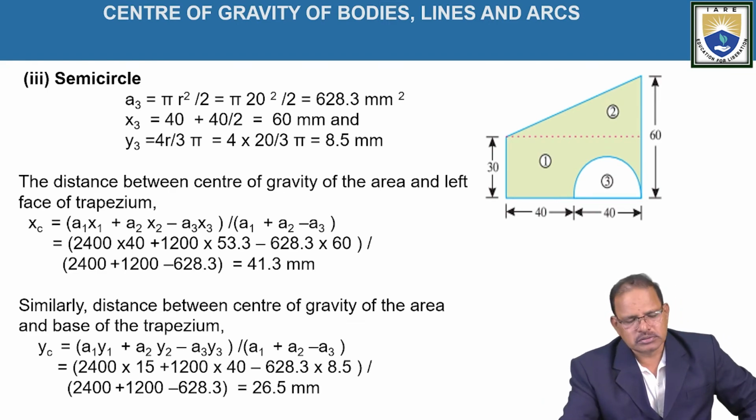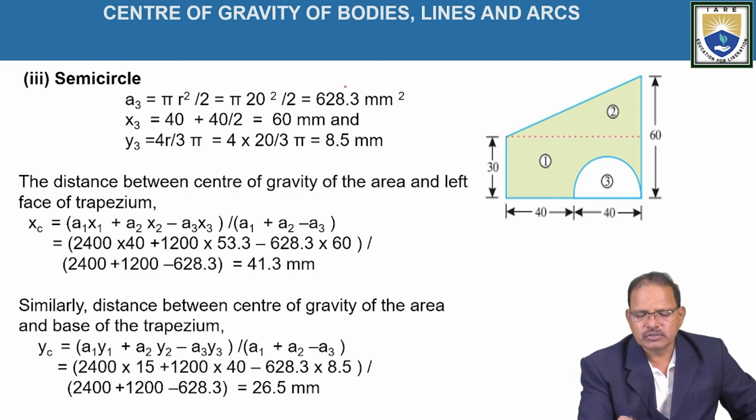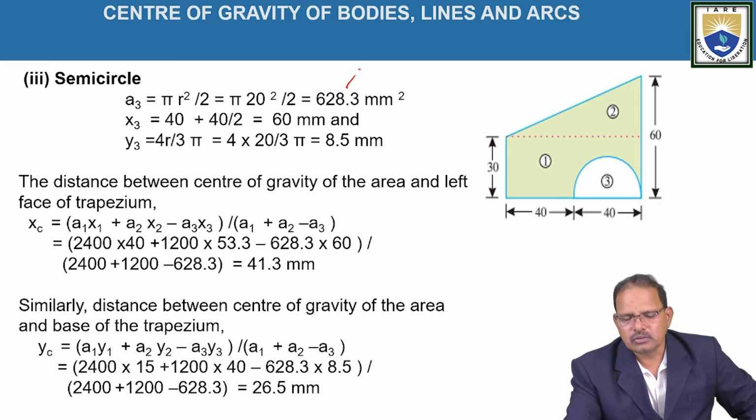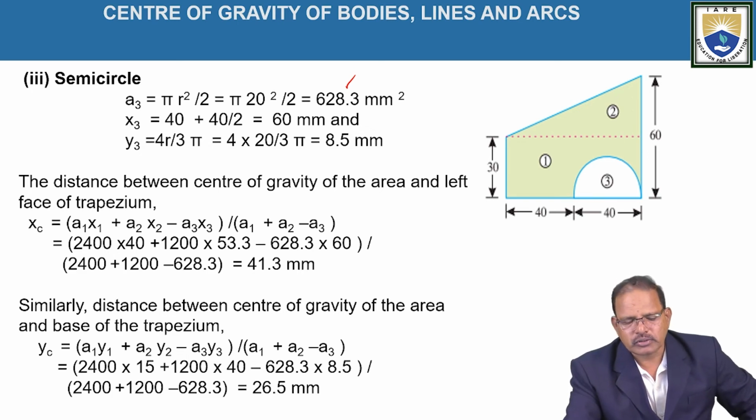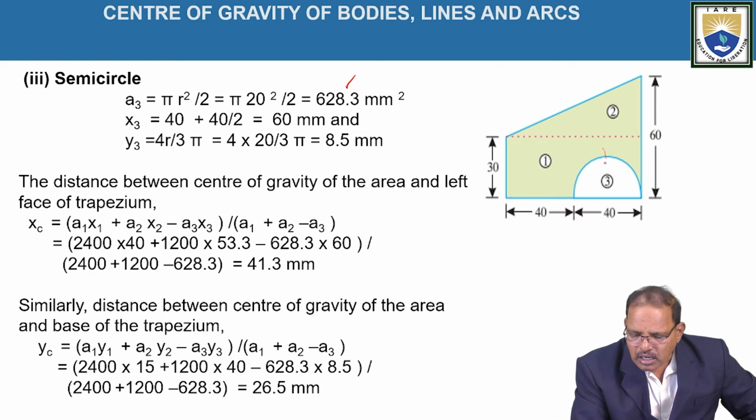Similarly, the area of the cutout circle, a semicircle, is given by pi r square by 2, which is equal to pi into r, where the diameter is given as 40, so r is 40 by 2, which is equal to 20. The area is 628.3 mm square. Similarly, x3 lies on this line somewhere.